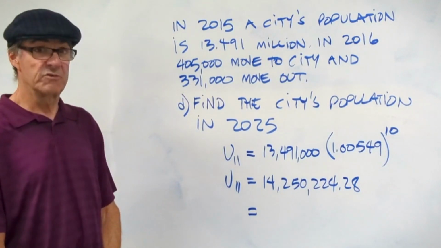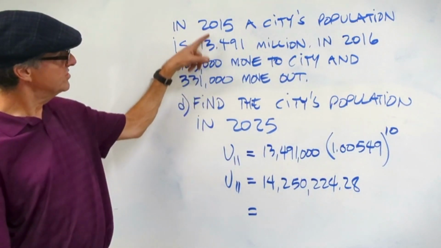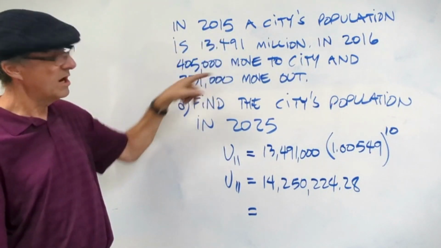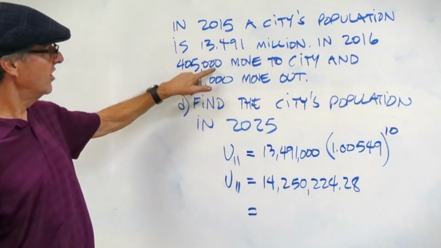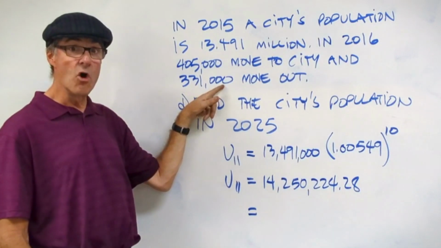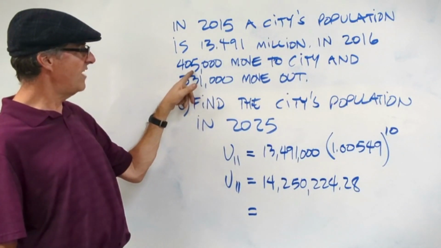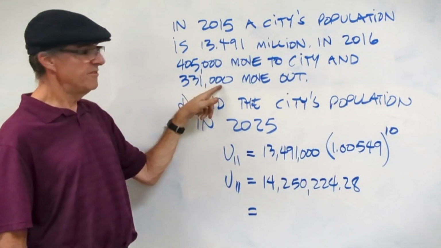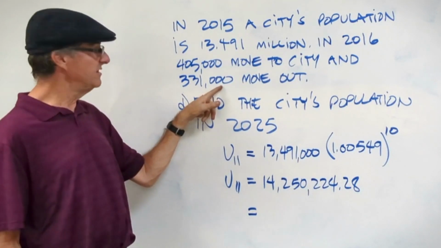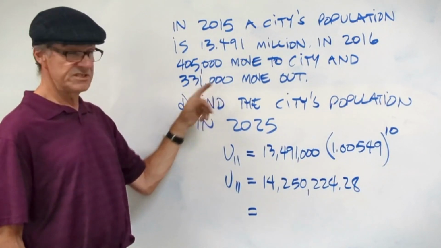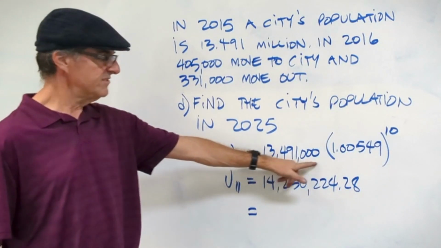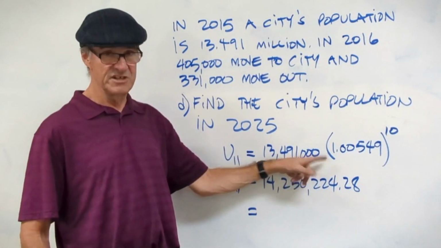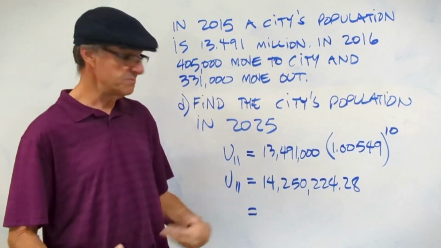However, there's one more thing we need to do. And it relates to the numbers that are here in the problem. So check this out. Every number here has thousands with no people. 405,000, 331,000. Now you know in reality that there were some numbers there. It's not going to be perfectly to the nearest 1,000. Same thing with this one. There's going to be some people in that number space.